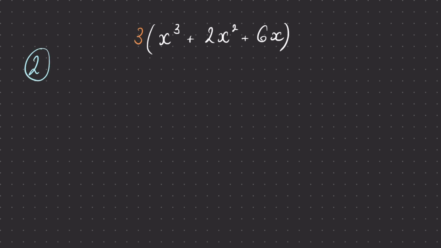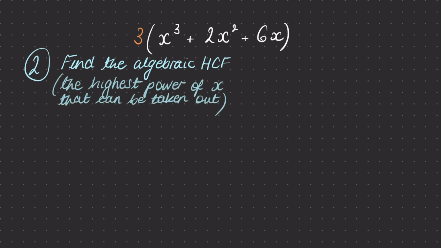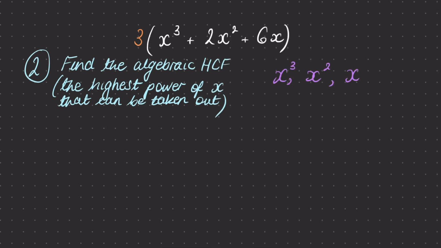Step 2 of this factorisation is to find the highest common factor for the algebraic terms. A better way of saying this would be to find the highest power of x that can be taken out. In this case, we have x cubed, x squared, and x on its own. I've written these out so that it is a bit clearer.